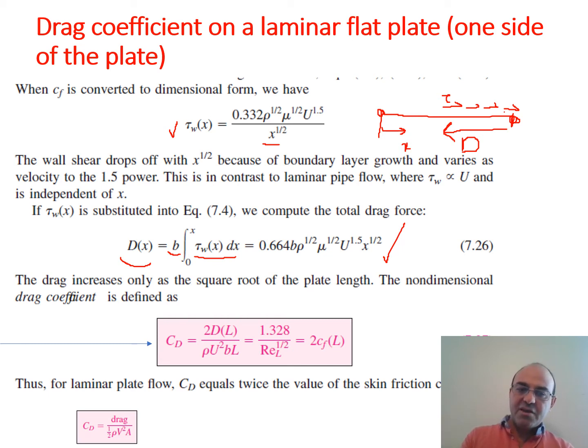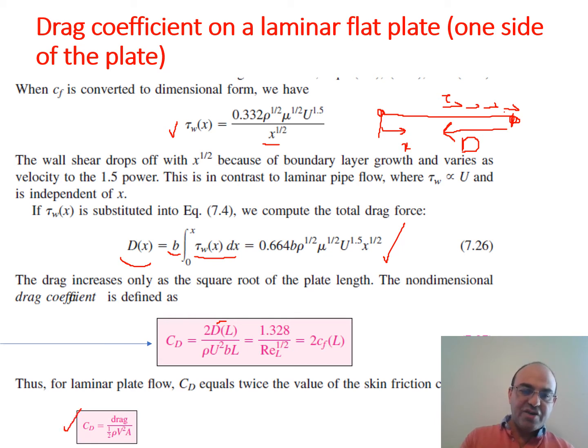If we make it dimensionless, we divide D, for a plate which has a length L, by 1/2 rho u squared.